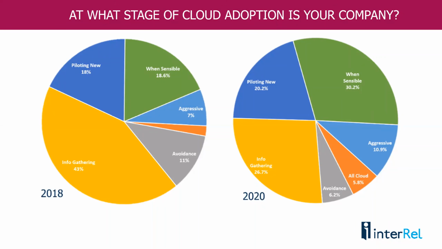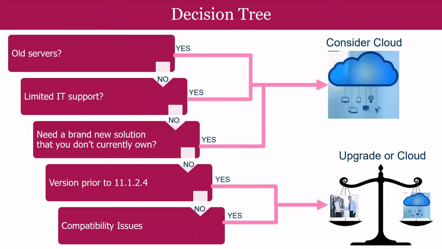The cloud is more stable, the cloud is secure, we can reduce IT expense, and all those things are migrating people to the cloud. We see it's only going to increase more and more as companies move to the cloud.